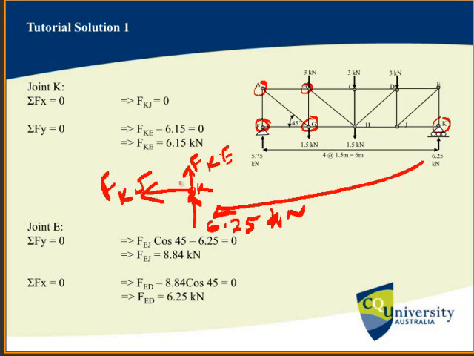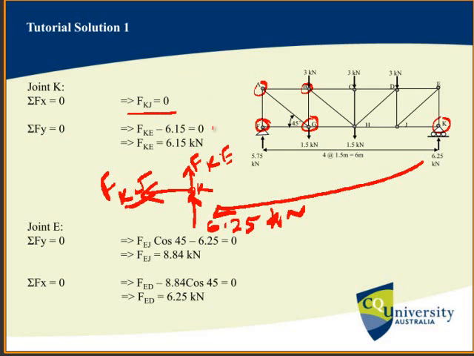So from this joint K, if we consider the equilibrium equation, sum of x equal to 0, we have to consider only one force of horizontal equation for FKJ, this force, which will be equal to 0. So the value of KJ will be 0.